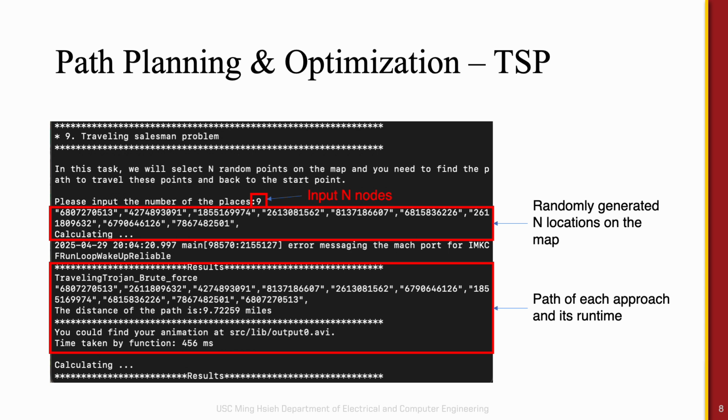For more complex routing, which is the traveling salesman problem, I implemented brute force, backtracking, and two-opt optimization methods. The input n is the number of locations in the traveling salesman problem, and the system will randomly select n locations and use the three approaches to find the path.